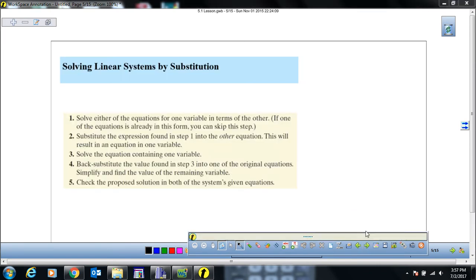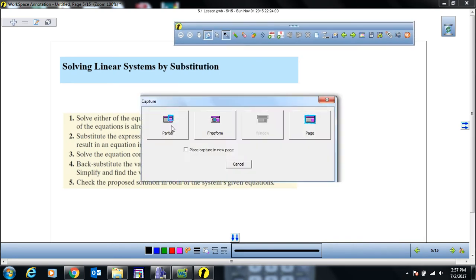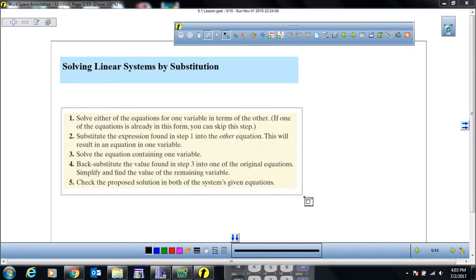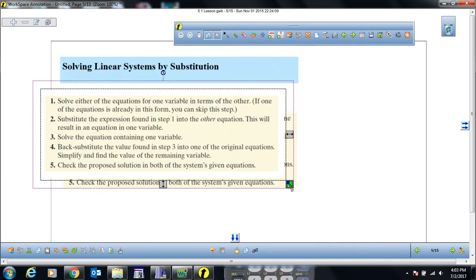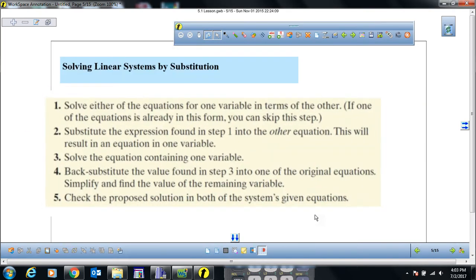Let's start with substitution. Now, on the method of substitution, this is how it works. The first step of the substitution method is that you need to solve one of the two equations for one variable.